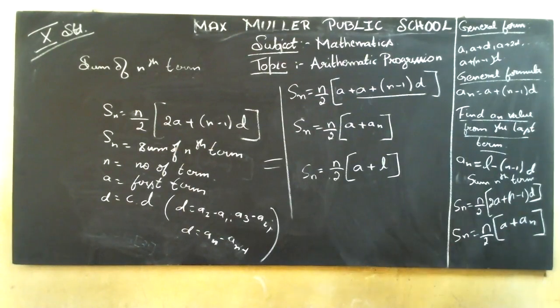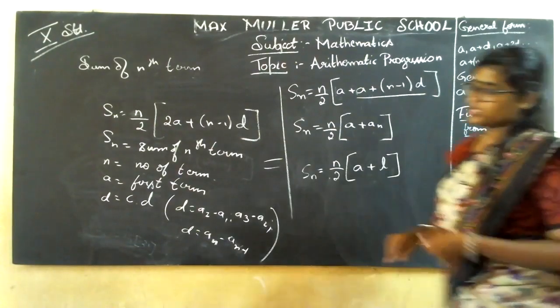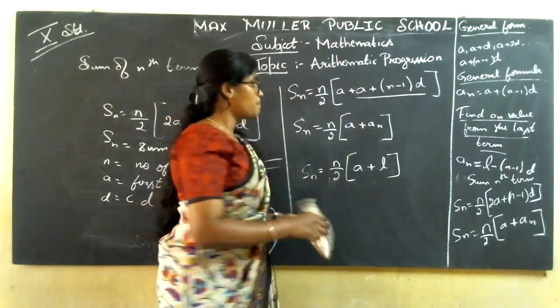Now, since you have the nth term from the last, the summation formula will also come from the last term. So what is the summation formula for the last term?